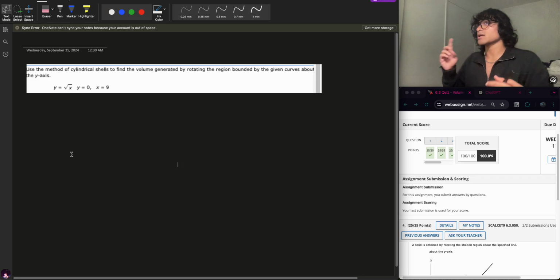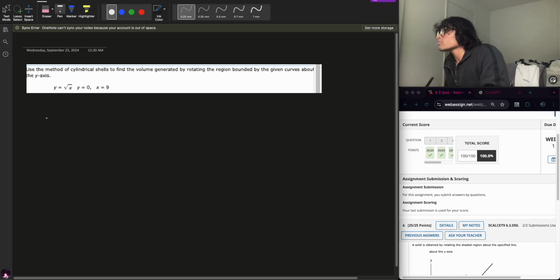Again, we are rotating about the y-axis, so everything will be in terms of dx. So what do we have here? We have our upper bound and our lower bound. Before anything, we have to write our shell method.